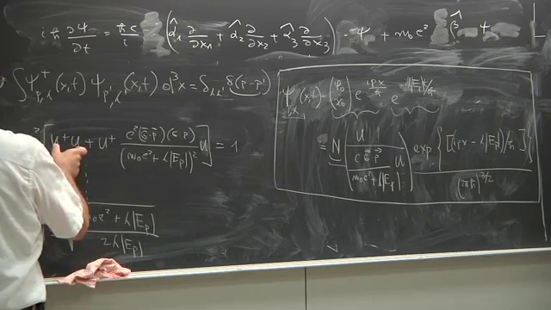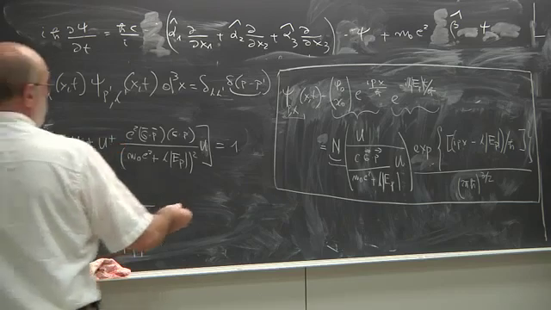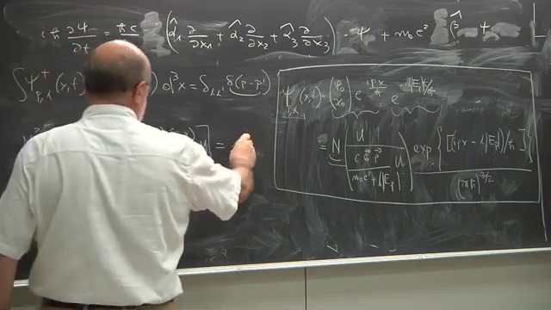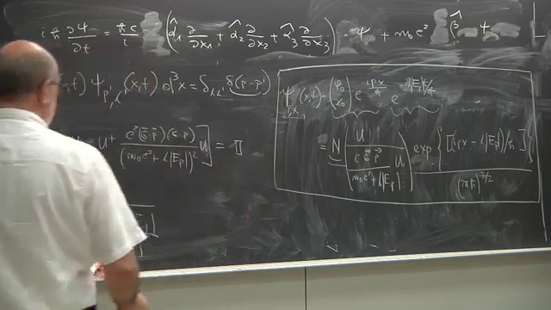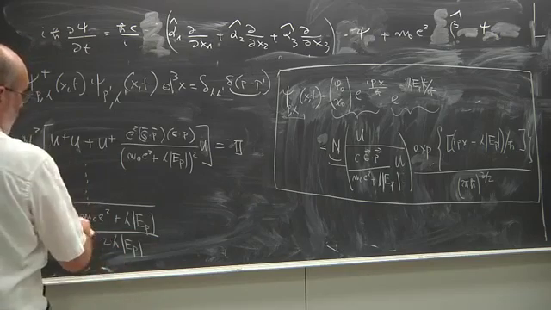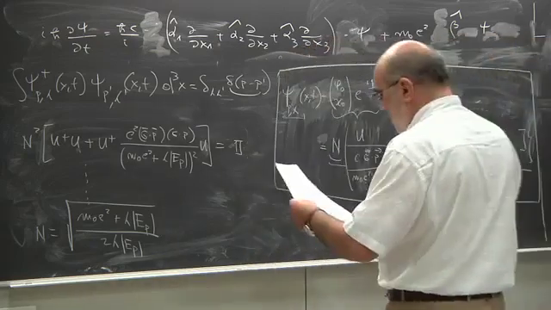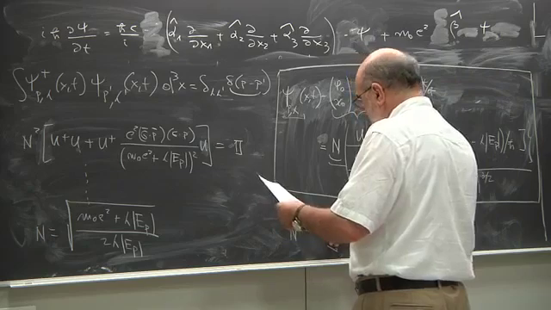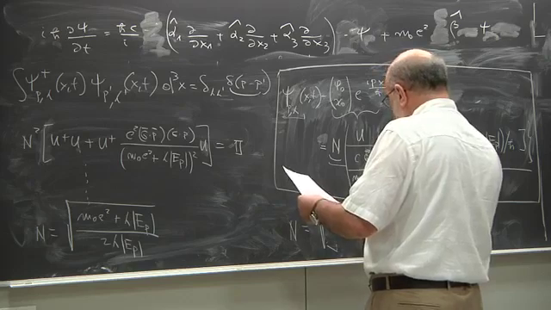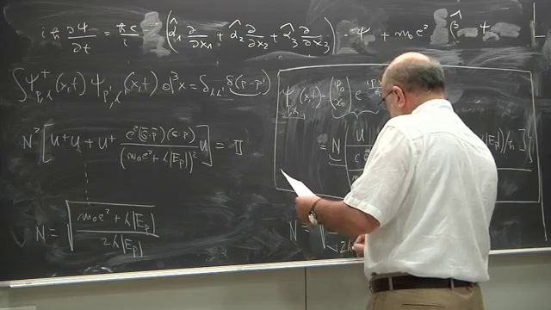These objects actually are 2 by 2 matrices, so it must be the identity operator. Okay. Anyhow, the final result is this. So we have found also the normalization constant, and it is the square root of m0 c squared plus lambda EP over 2 lambda EP.